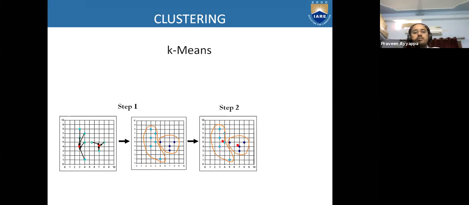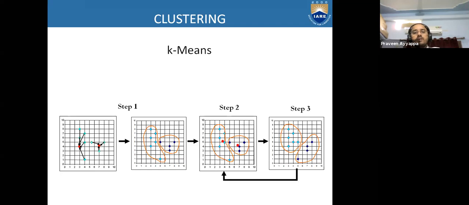Step by step: step 2, step 3. Here the data is being aligned. If we have not formed a good cluster, then it is repeated, which is step 4, step 2 to step 3. This iteration takes place. K-means clustering is an iterative algorithm.